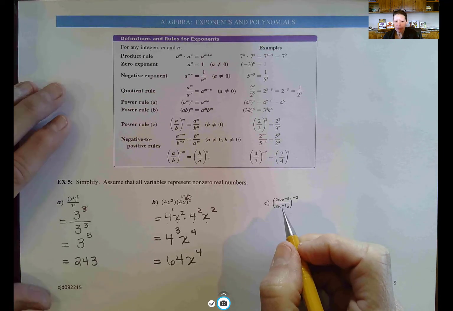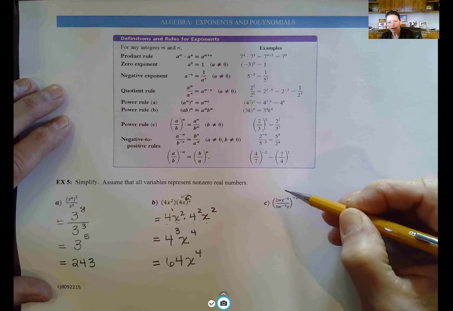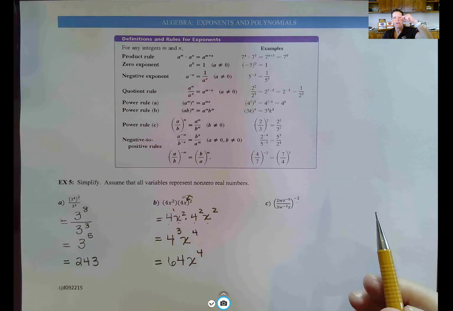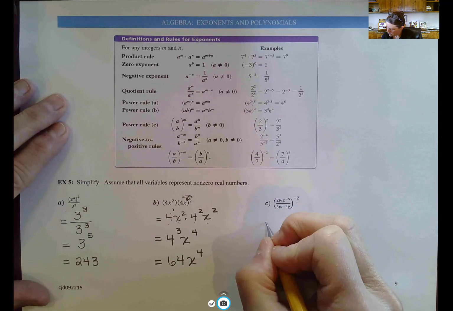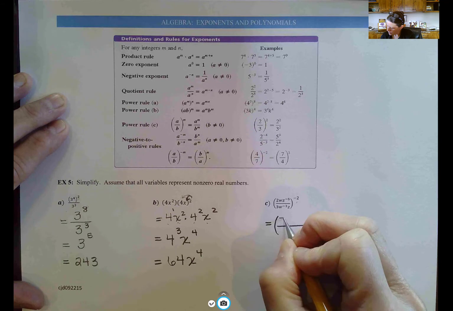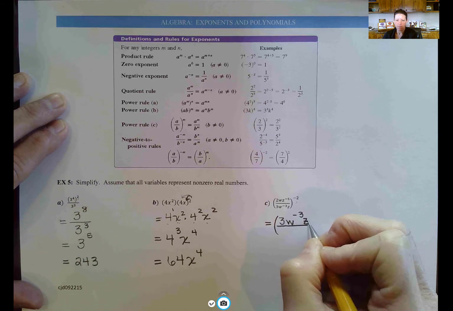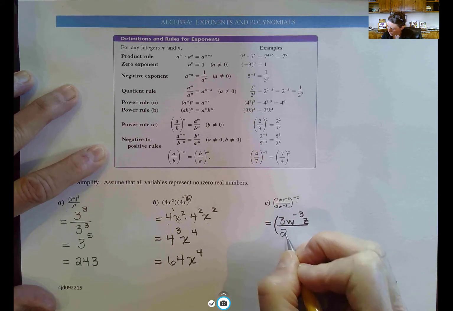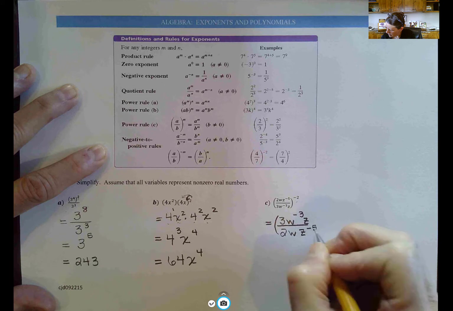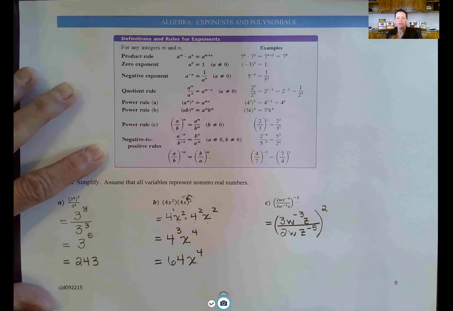And lastly, part C. We've got an entire fraction here, all raised to the negative 2 power. So I think I'm going to take that fraction and invert it. Let's write this as 3w to the negative 3 times z over 2w z to the negative 5, and that's all going to be to the positive 2 since we inverted that fraction, right?